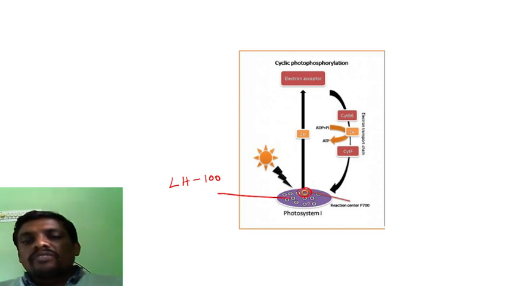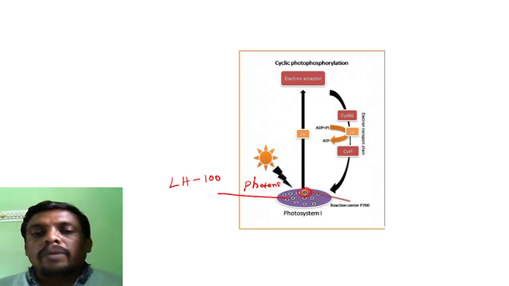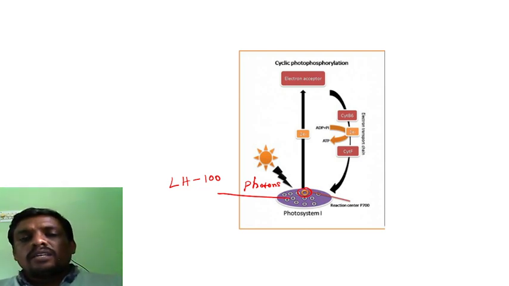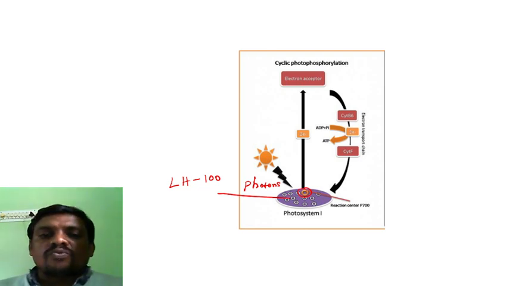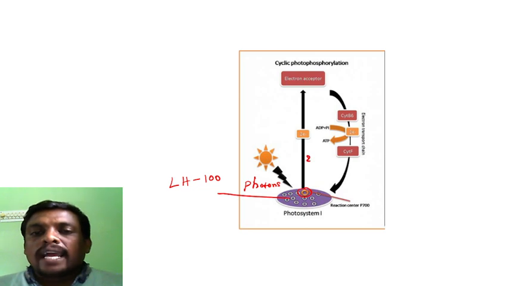Sunlight contains energy packets called photons. When these photons reach the light harvesting complexes, the 100 pigments along with photosystem 1 are excited, and PS1 releases 2 electrons.